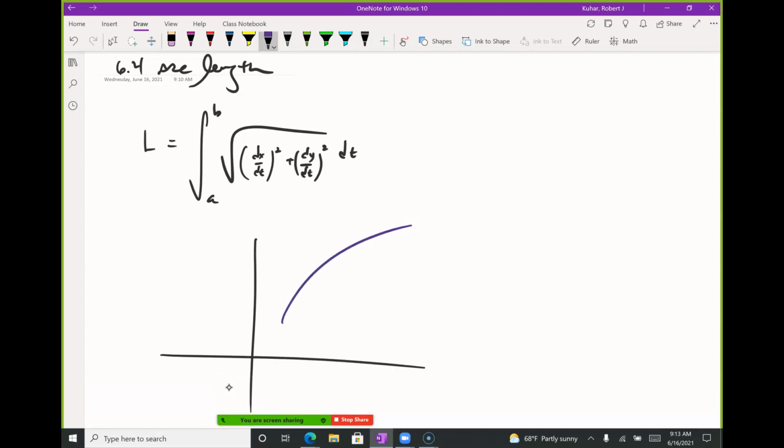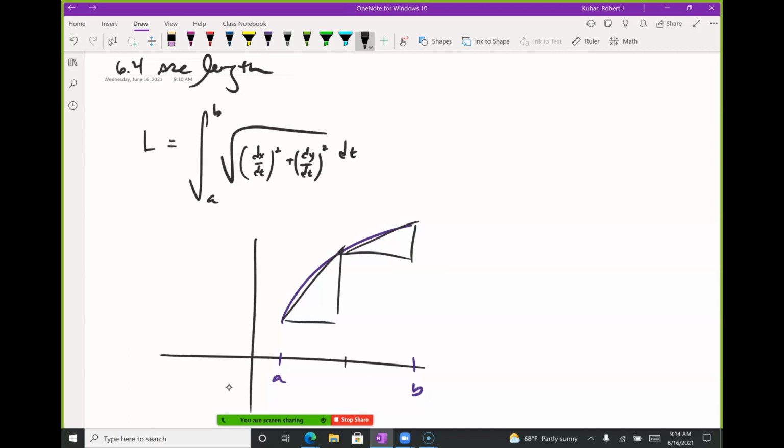If I look at an arc from A to B, and I did one section of it, I can estimate that arc with my right triangle. The length of the hypotenuse there is close to the length of the arc. Not perfect, right? But then let's cut it in half, and now do this right triangle and this right triangle.